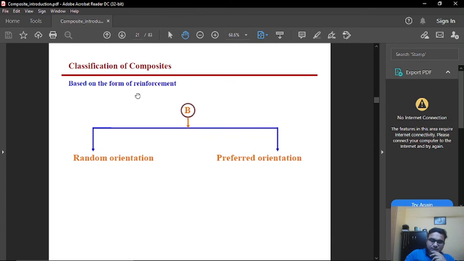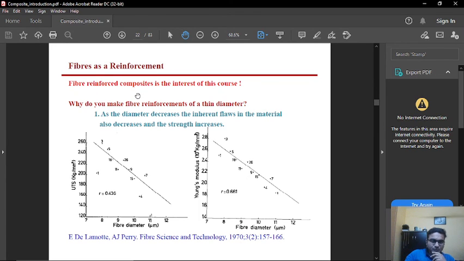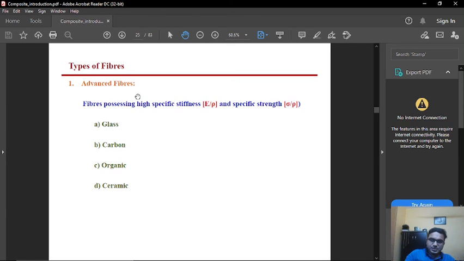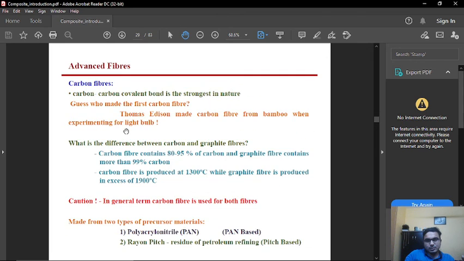We saw the further classification over here, and then we discussed why fibers have very thin diameters. We justified it through various properties, and then we discussed types of fibers, and in today's lecture we have only seen the glass fiber. In our next lecture we will begin with the carbon fibers.